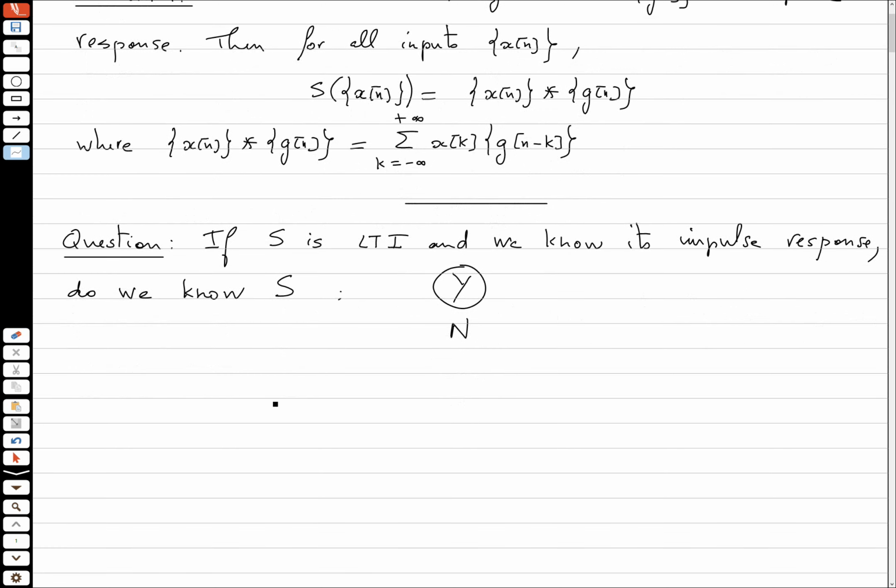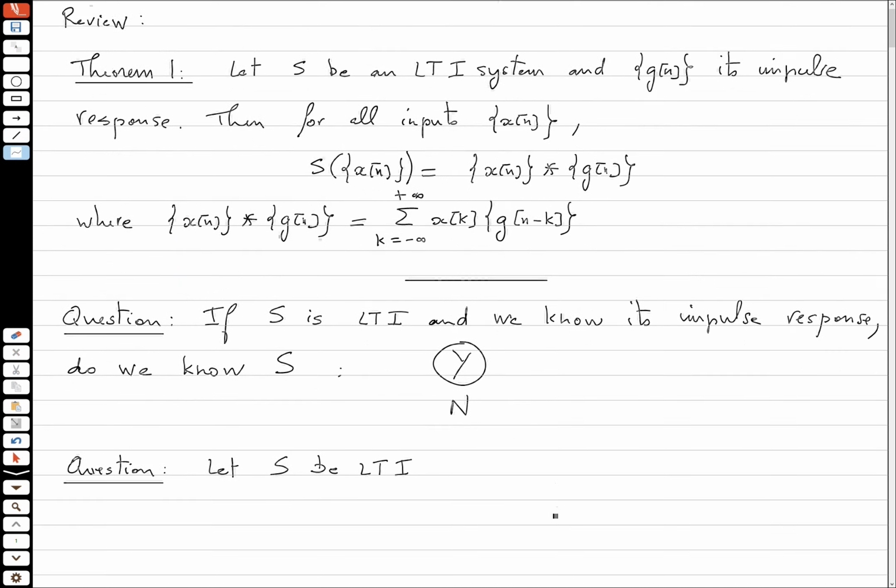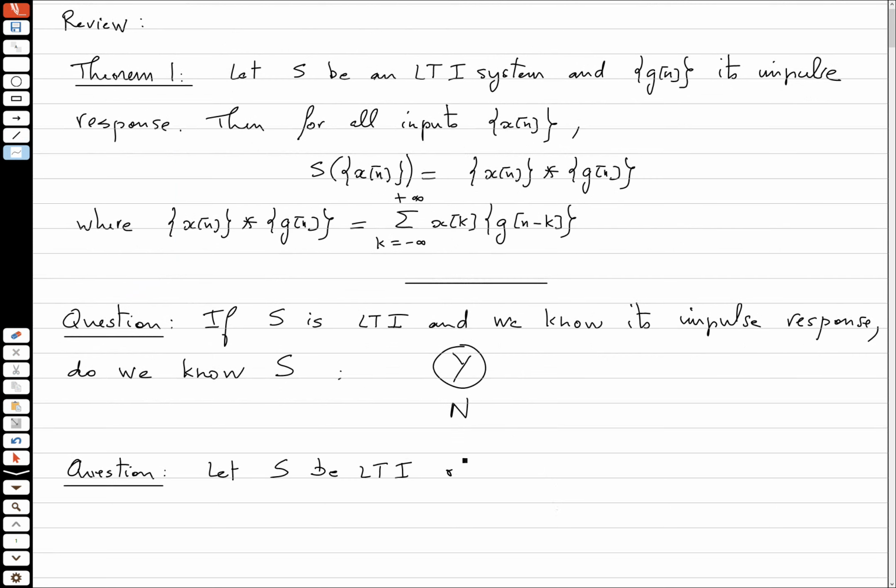So let's write another question. Let S be LTI of impulse response g of n.